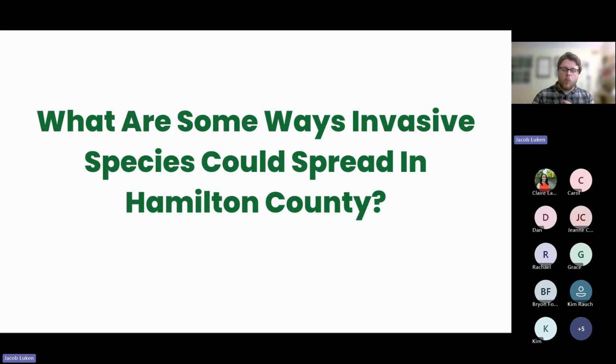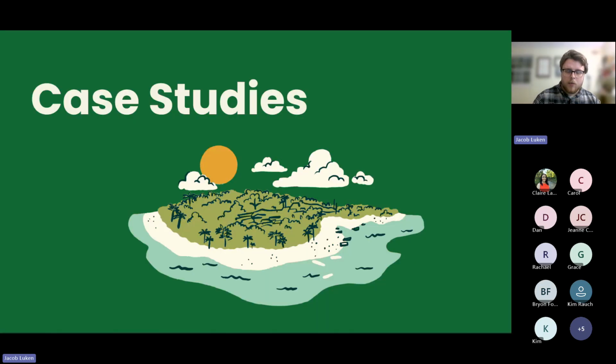And then also the rail lines provide really good disturbed edge habitat that invasive species like to grow on, and like to grow in. You'll see a lot of tree of heaven along railways. So there's a lot of different ways that they can move around the country and around the state, and especially within Hamilton County itself.